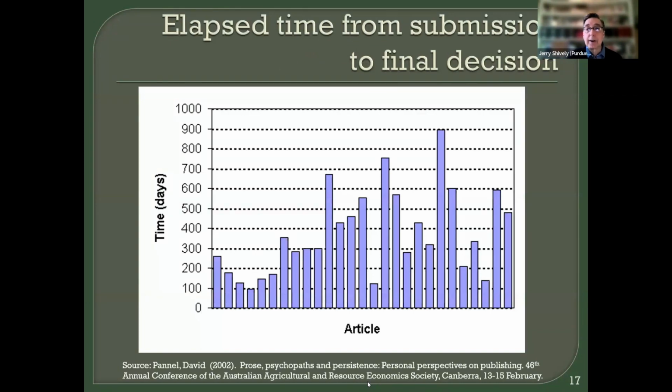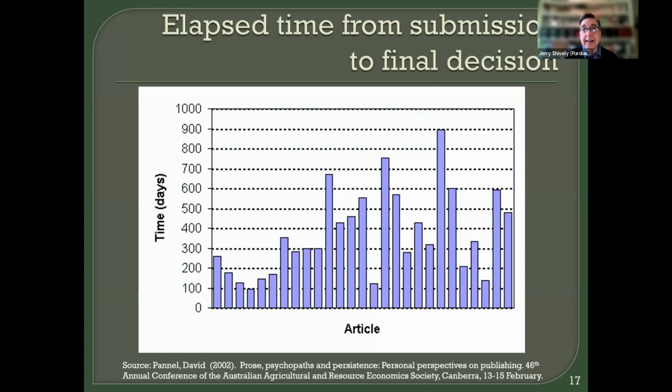So just to give you a sense of how long review takes, I have two charts of data. One is from a colleague in Australia, David Pinnell, who actually kept track of the time between submission and decision for a number of articles. So in this chart, each bar represents a paper, and they're just in chronological order of papers that he submitted to journals.